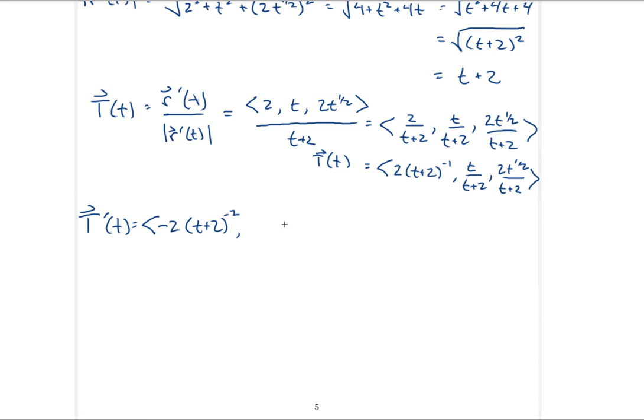And then as I do the quotient rule here, we're going to have the derivative of the top times t plus 2, minus the top times the derivative of the bottom, so times 1, all divided by t plus 2 squared.